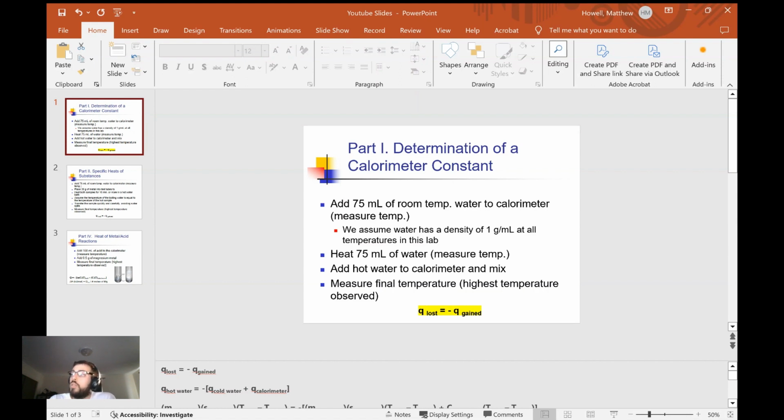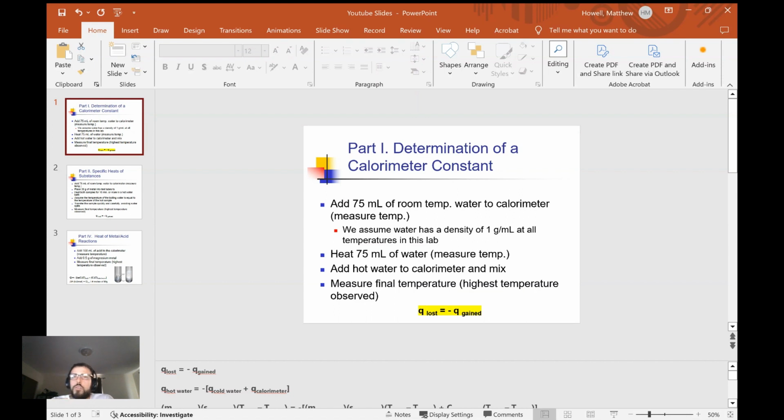And then finally, we looked at the reaction of magnesium with a relatively concentrated acid and looked at the heat generated in that reaction. So taking it from the top, I want to try and explain each one of these setups for solving an equation based on what I've highlighted.